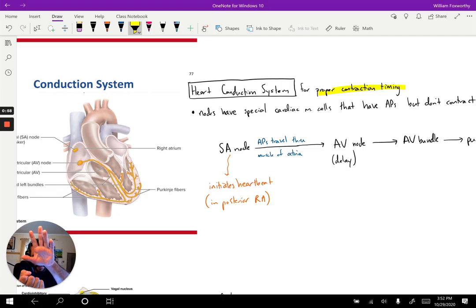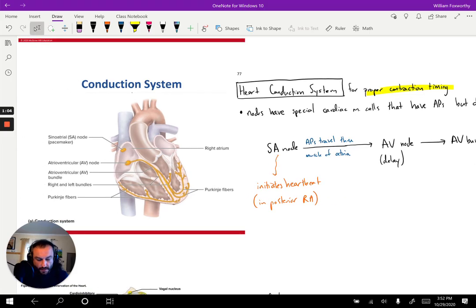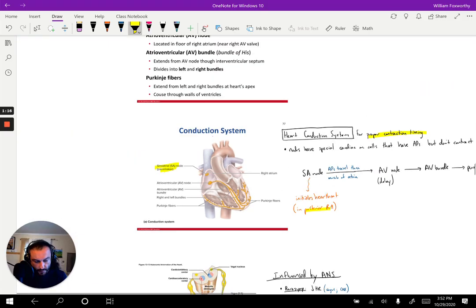Atria contract, ventricles contract, atria contract, ventricles contract. And so you have a special set of cells that make up the conduction system that begins here at the sinoatrial node in the posterior right atrium.